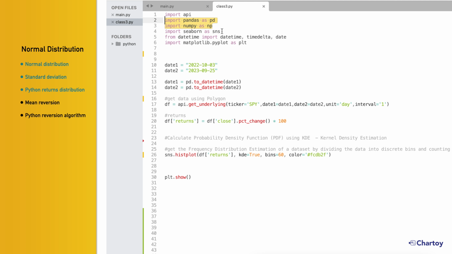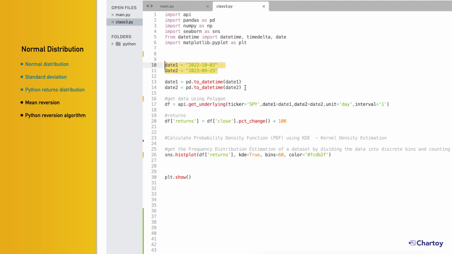Again, if you did not install them, you have to pip install them. And then we import Seaborn, which will allow us to do all the normal distribution calculations. And here we add two more things, datetime and matplotlib, which help us plot things.